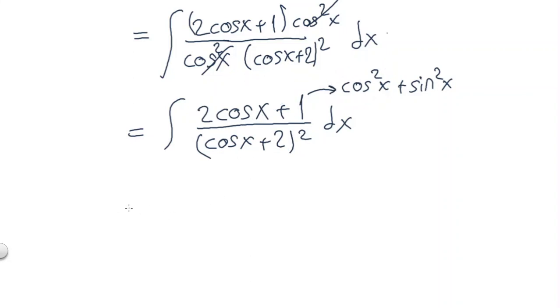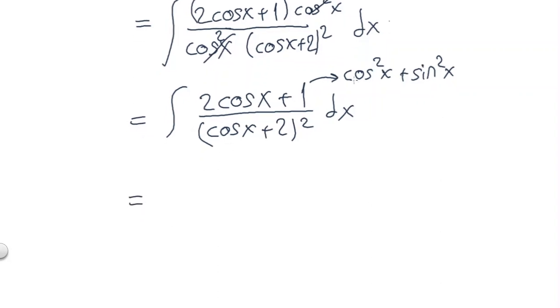So it will actually be nice. I'm just going to separate it as two sums. The first one will be cosine x, this thing over that thing squared, so it will just be cosine x over cosine x plus 2, dx.